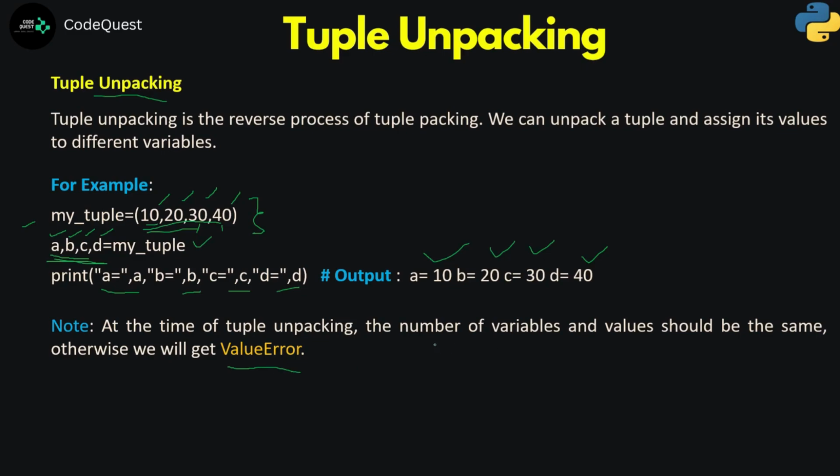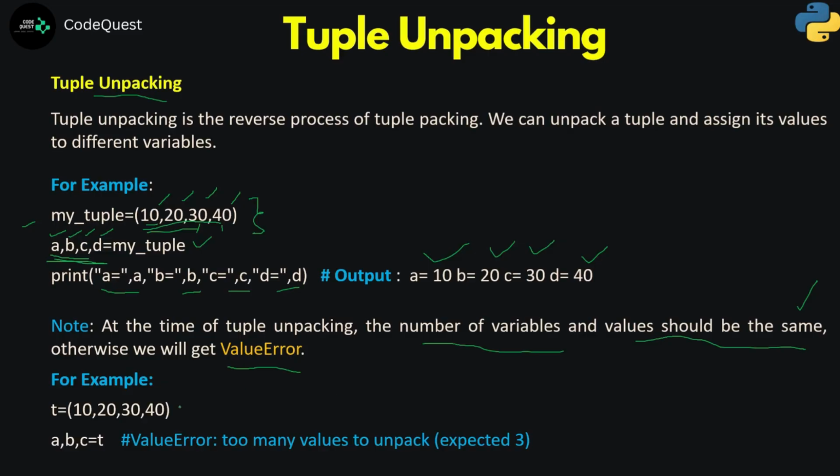So we should always take care that the number of variables and the values present in the tuple must be the same. You can see here I have taken a tuple holding 4 elements, but I am trying to use only 3 variables. So this is going to raise the exception ValueError, because we have used fewer variables to unpack this particular tuple.